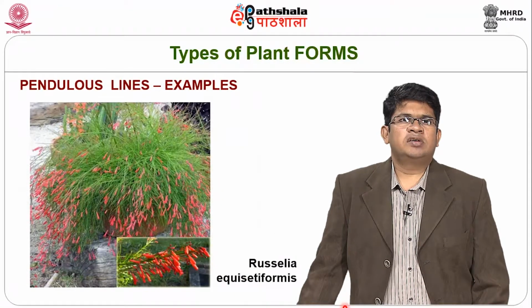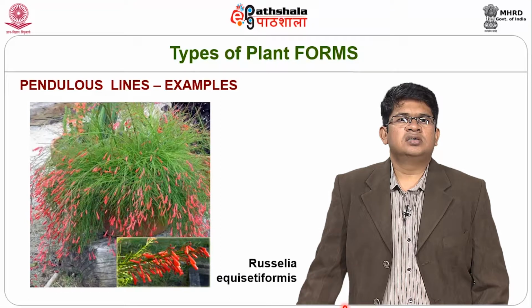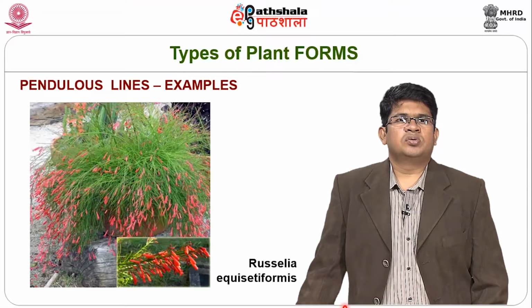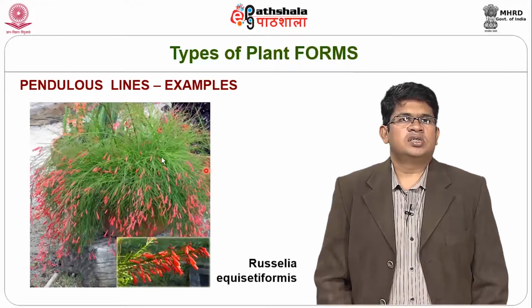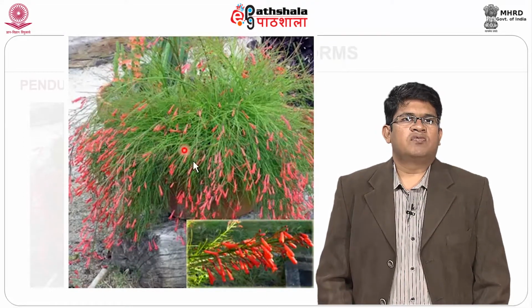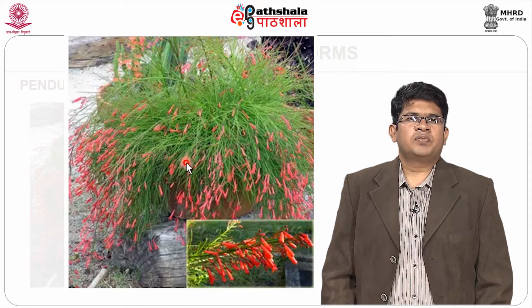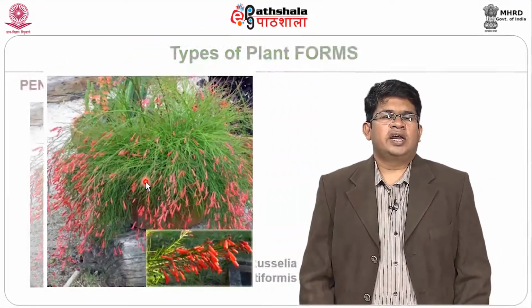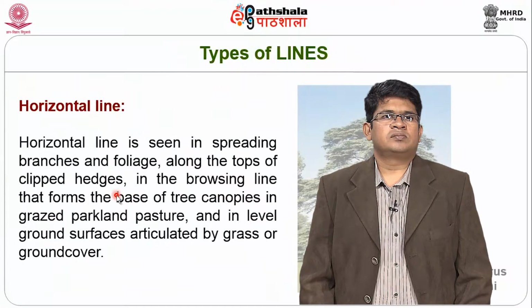And at the shrub level, you have the Russelia equisetiformis, which again you could see has a weeping habit, and it tends to fall towards the ground, and they are very serene, very soft kind of line forms that can be visualized.